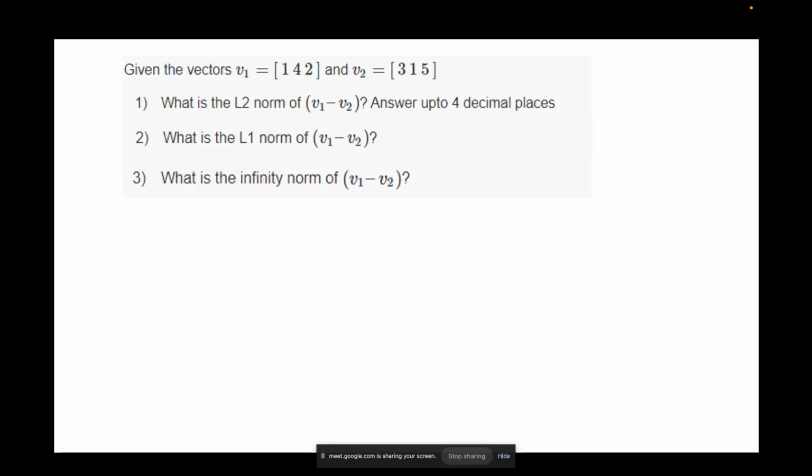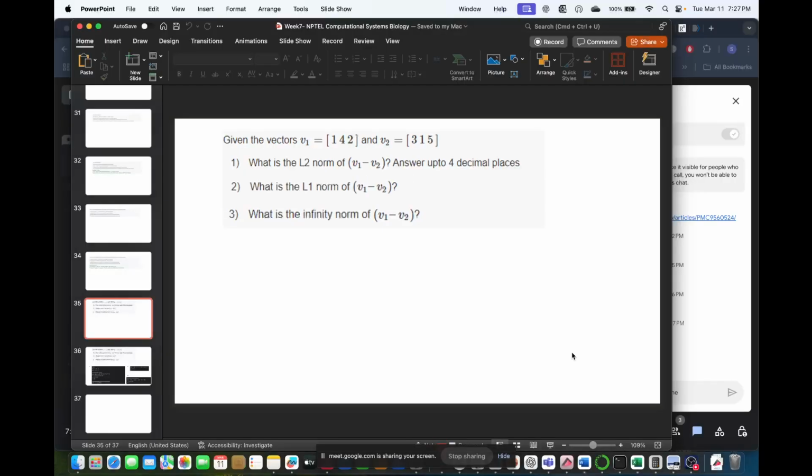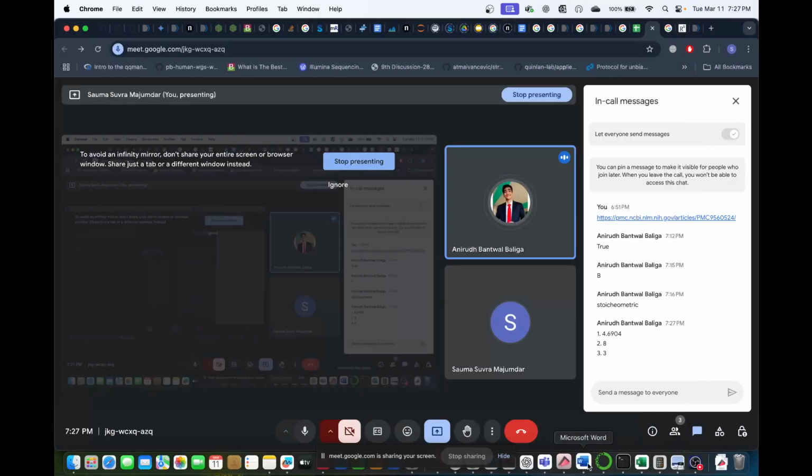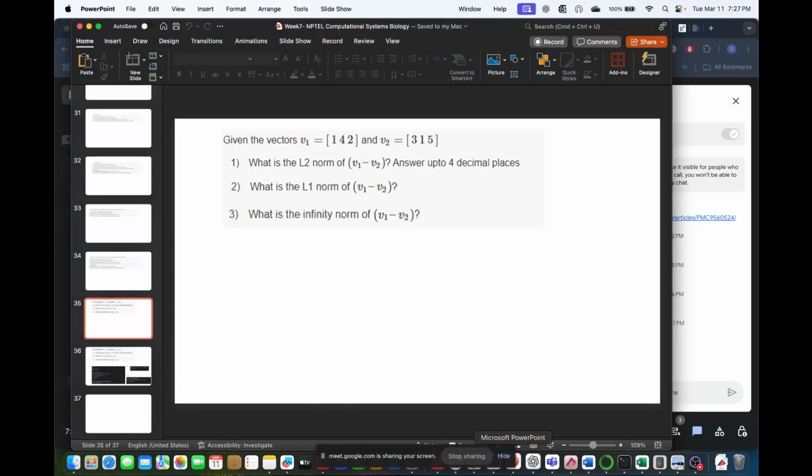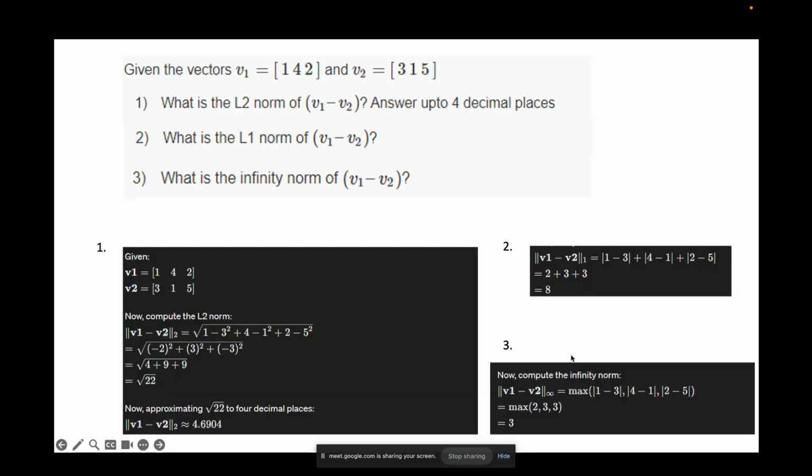Yeah, I sent it in the chat. 4.6904, 8, and 3. Okay. Let's see. Okay. Yeah. So for L2 norm, it's basically the Euclidean distance.